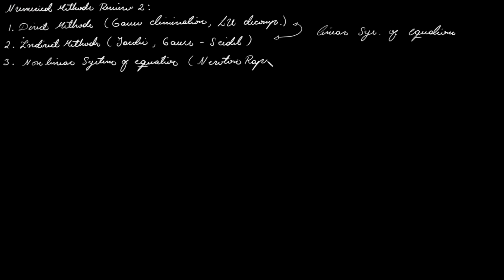Newton-Raphson in this case is very similar to what we saw in the first project, and I think on the second project that we used Newton-Raphson. But now we're going to adapt it so that we can use it on a system of equations, because before we saw it for only one equation.